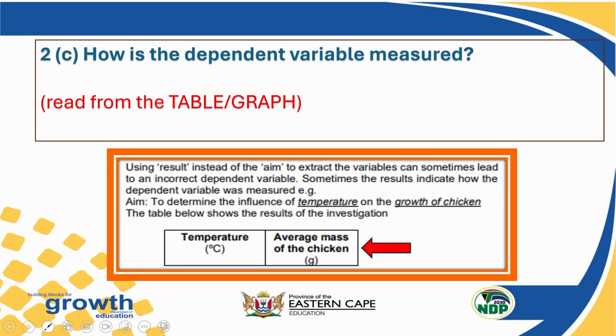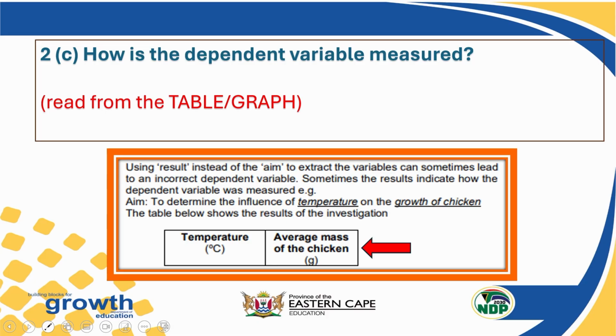In this investigation, the aim of the investigation was to determine the influence of temperature on the growth of chickens. We can determine that temperature is our independent variable and the growth of chickens is our dependent variable. Now, if we want to measure the growth of chickens, we can't just look at a chicken and determine what its growth is.